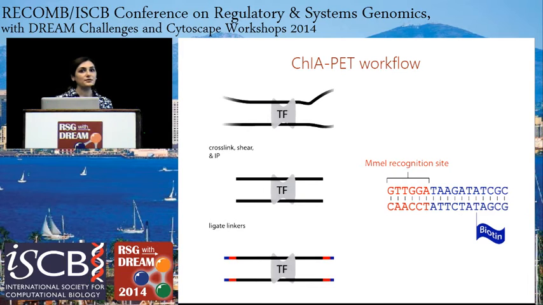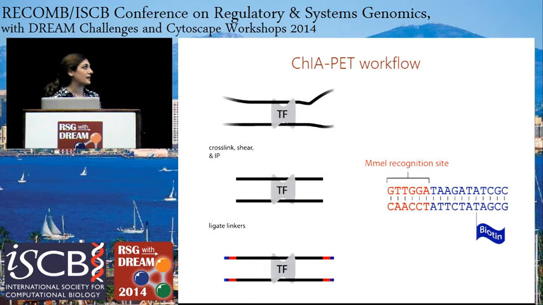I brought a simple flowchart of the ChIA-PET workflow, just in case you're not familiar with the method. It's based on cross-linking the chromatin, shearing the chromatin, and then pulling down with the factor of interest. Then we ligated linkers to the two ends of the fragments.